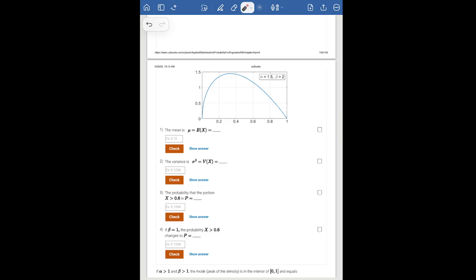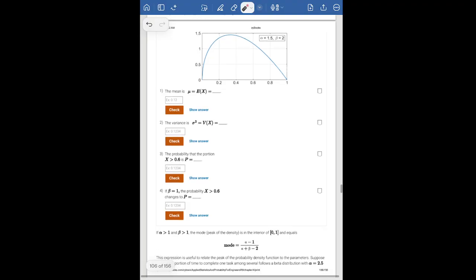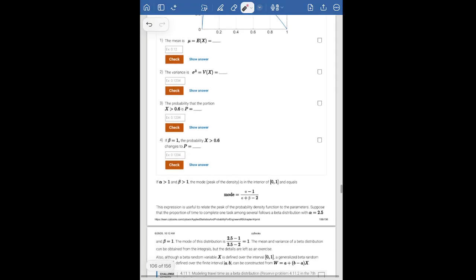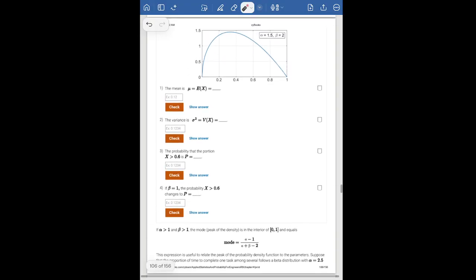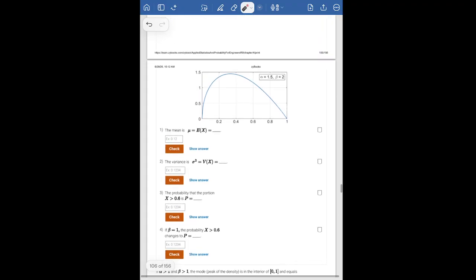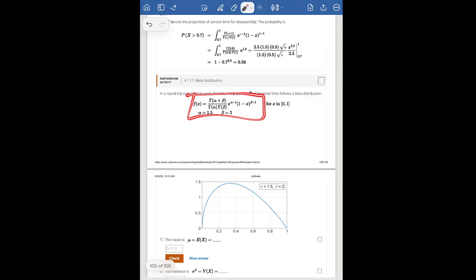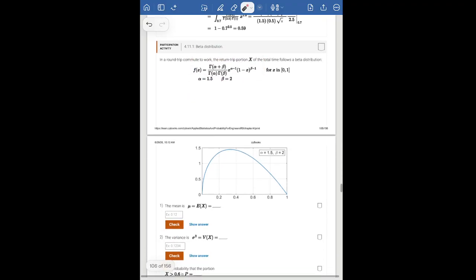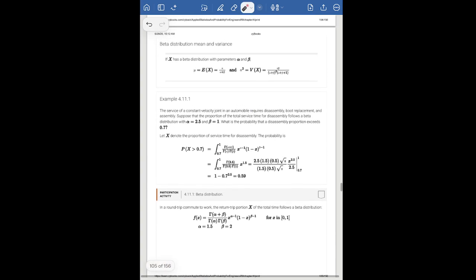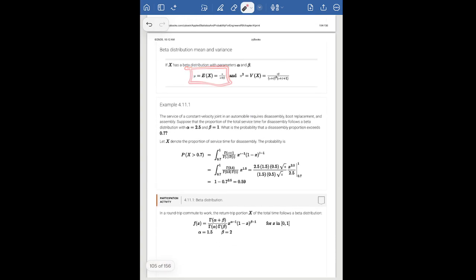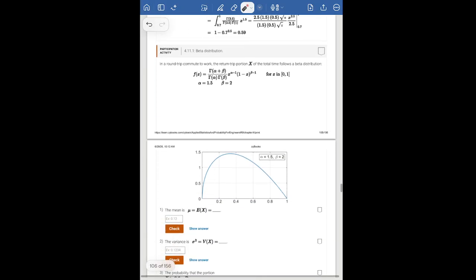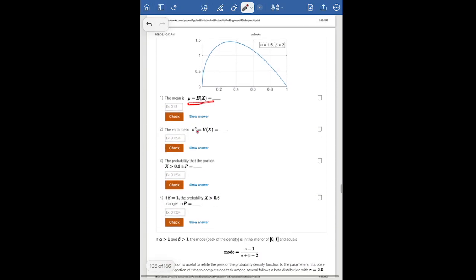This is how the probabilities are. So with this in mind, you can take this graph, along with these for the mu, this is for the variance, and you should be able to answer these.